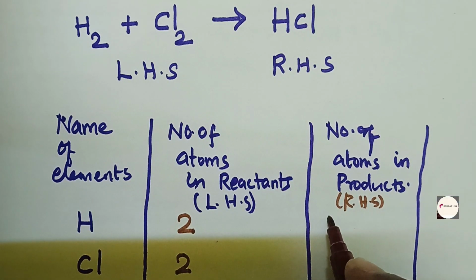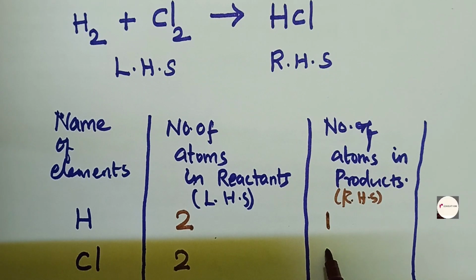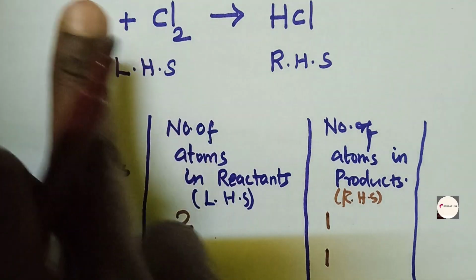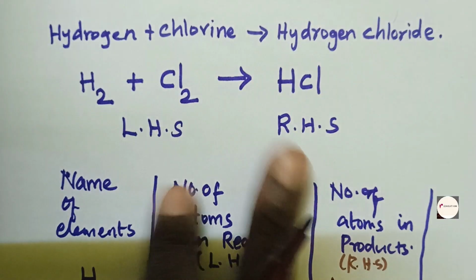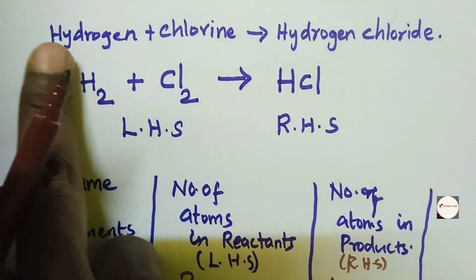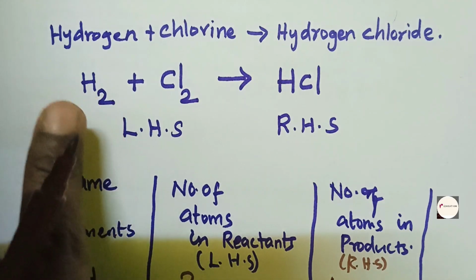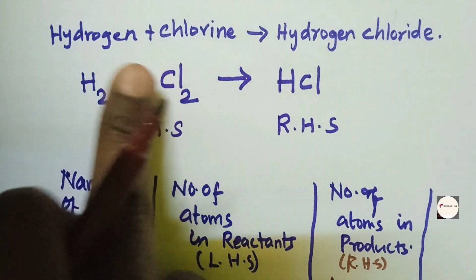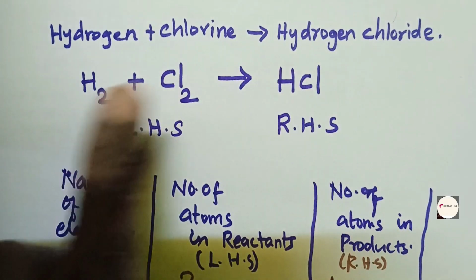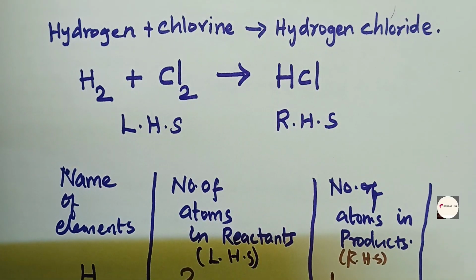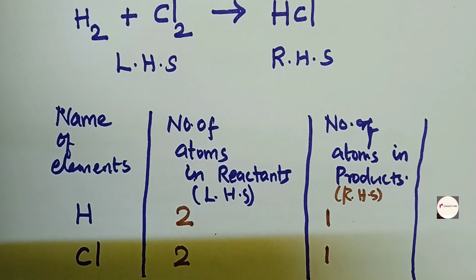So right here, one hydrogen atom and one chlorine atom. Very clear? First step, you have to write the name of what is given, and you have to write the symbols, and write the chemical equation. Then you have to write this tabular column. Until you practice, you have to do this, then you can do the balancing directly.